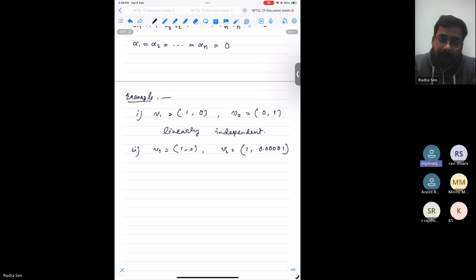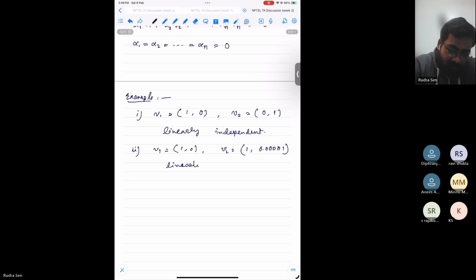Linearly independent, sir. Yes, these two are linearly independent, because how small that value is doesn't matter, it is always greater than 0. So definitely this term is a non-zero term.